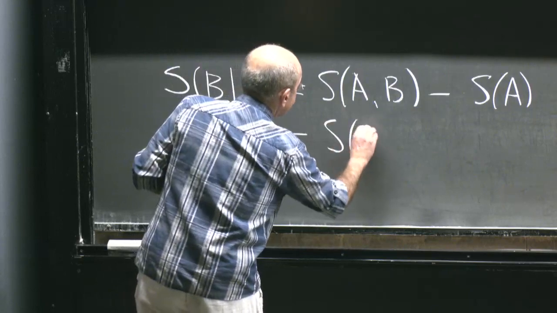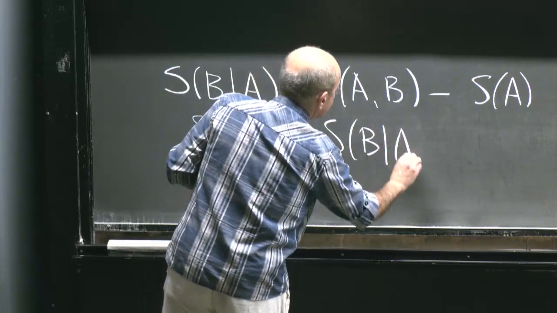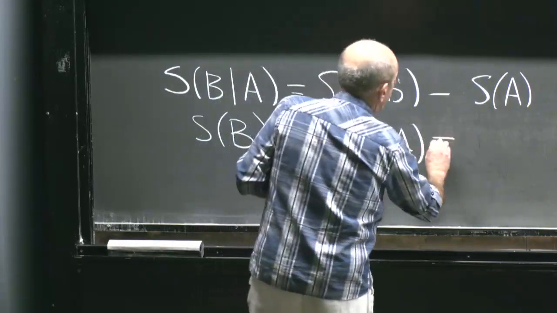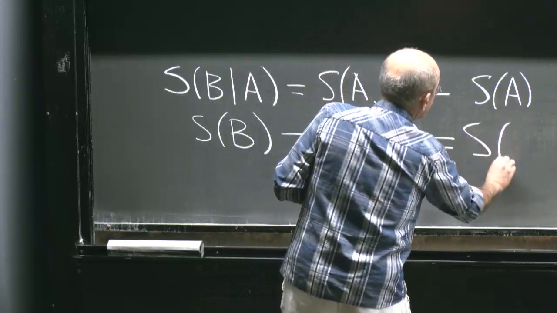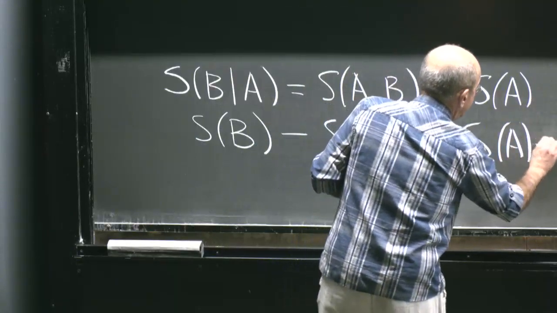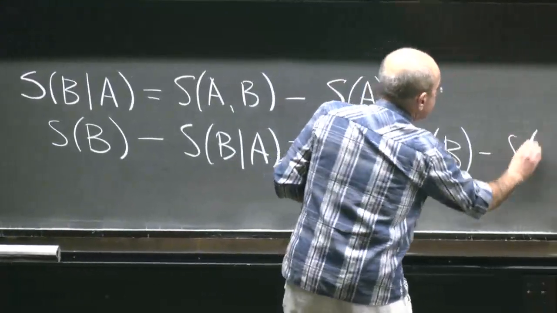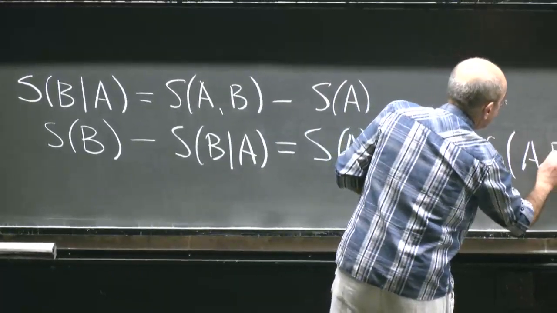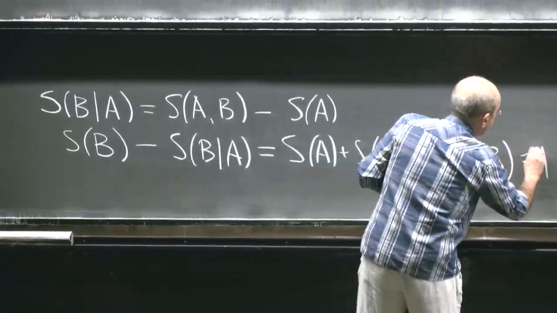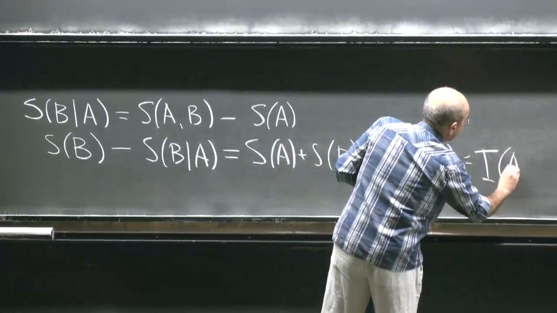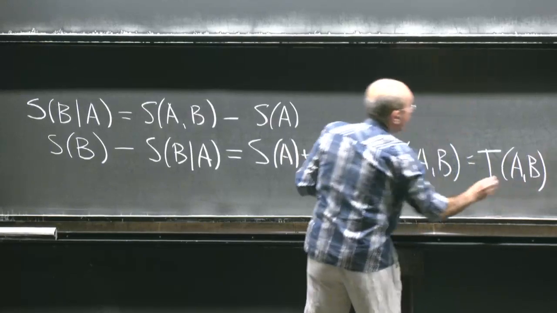So the difference is essentially what the message brought, and I see that this is S of A plus S of B minus S of A and B. And this is called the mutual information between A and B.